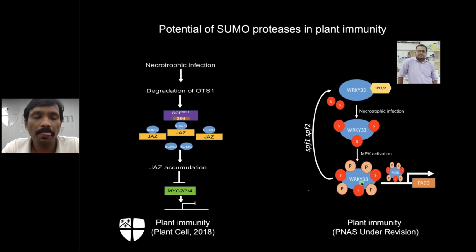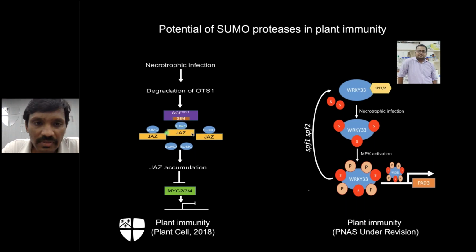And a couple of years back, I showed how jasmonic acid signaling can be modulated with the help of SUMO conjugation and deconjugation. Here I have shown that JAZ repressor, which negatively regulates jasmonic acid signaling, if you SUMOylate the JAZ, SUMO gets conjugated with the JAZ, and it inhibits its interaction with COI1, which is an F-box protein responsible for degrading JAZ.